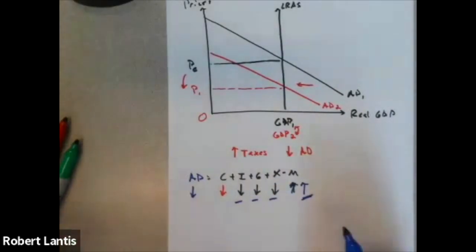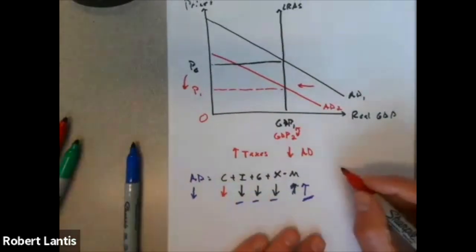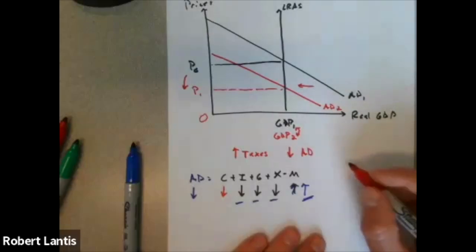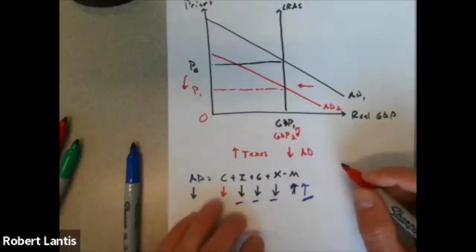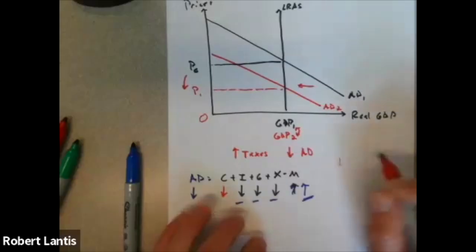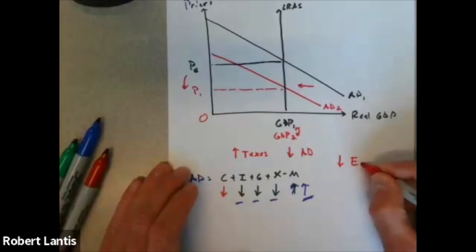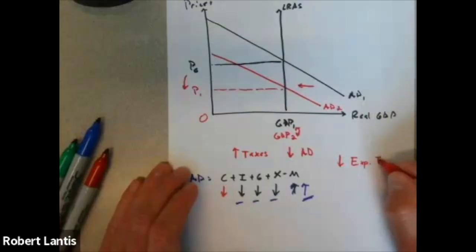Okay. Or we could have something else that shifts our consumption, right? So some of the things that we talked about that shift consumption. How would I get a decrease in consumption? If I have lower expected future income.